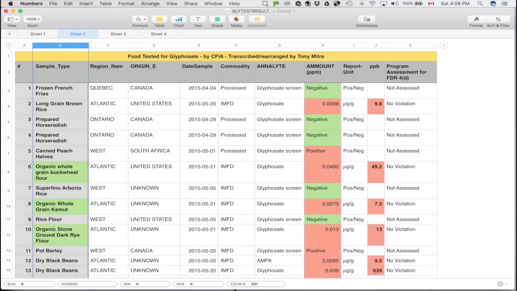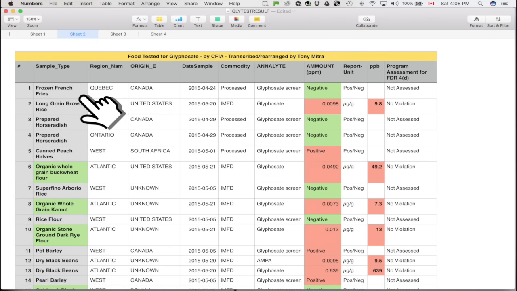It was on the rightmost of the drawn samples, which gave the full explanation of what it is. That is frozen French fries from Quebec. I dragged it to the leftmost. I hid some of the repetitive columns to make it manageable, and I did not change any data.